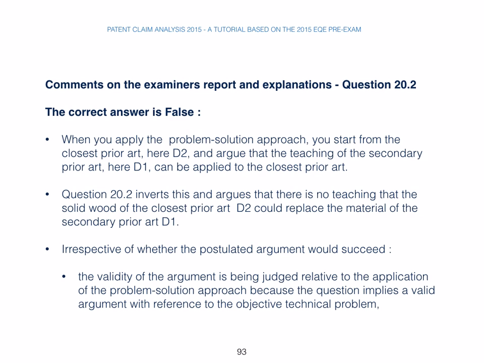Question 20.2 inverts this and argues that there is no teaching that the solid wood of the closest prior art could replace the material of the secondary prior art, D1. Irrespective of whether the postulated argument would succeed, the validity of the argument is being judged relative to the application of the problem-solution approach because the question implies a valid argument with reference to the objective technical problem.